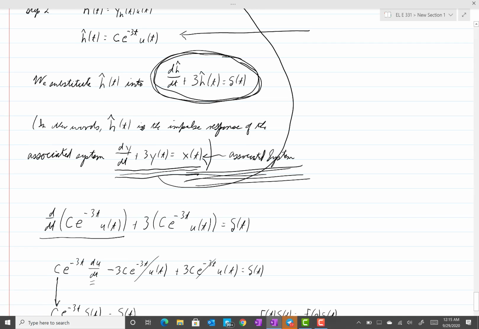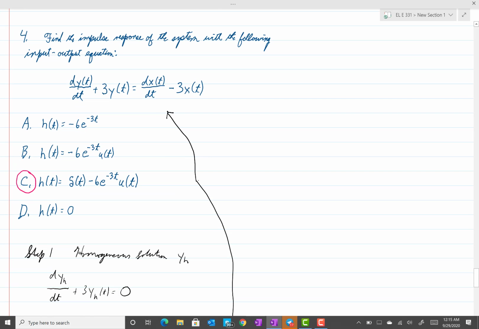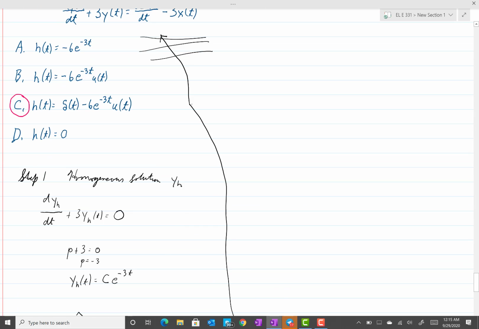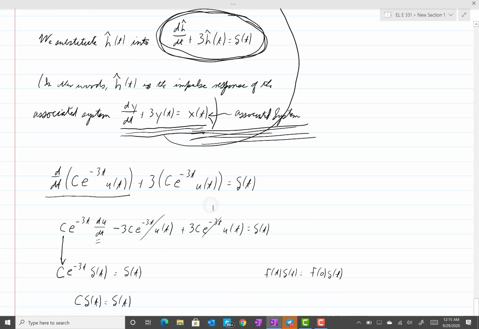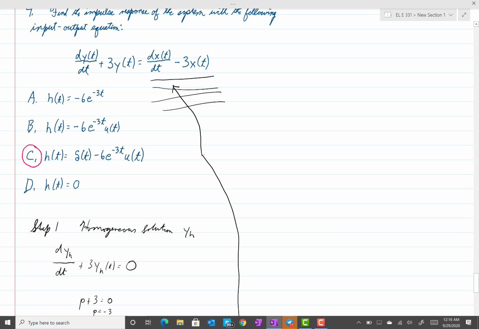It has x of t on the right, but in the original system, we have dx dt minus 3x of t. So we have the derivative of what's on the right in this equation, and then minus 3 times what's on the right. So that tells us that h of t is equal to the derivative of h hat of t minus 3 h hat.